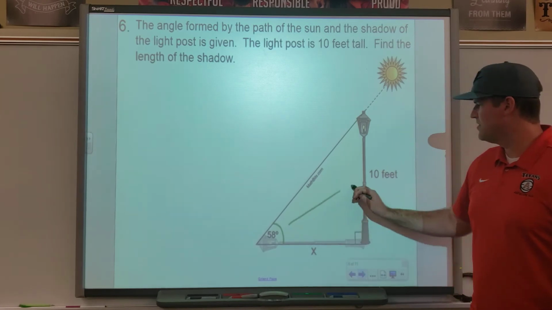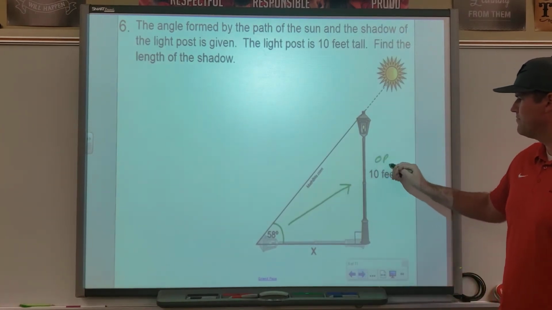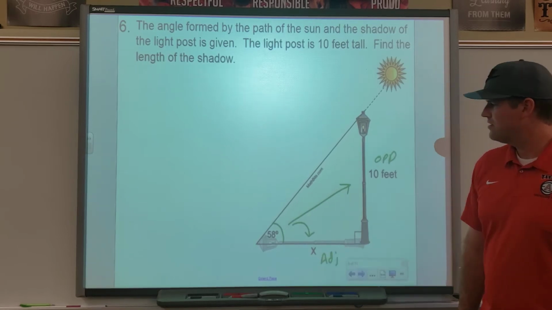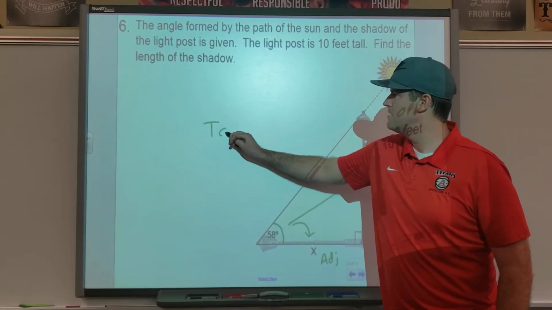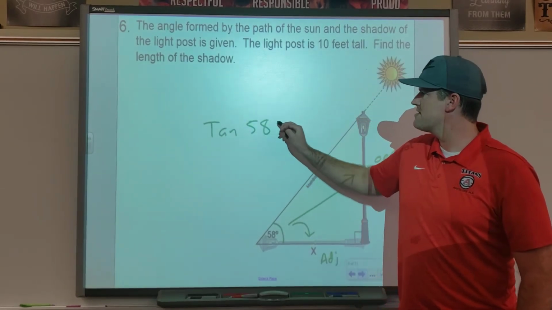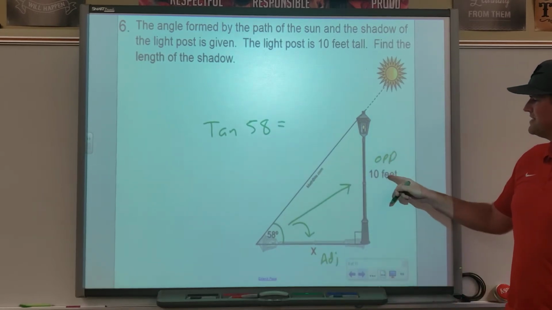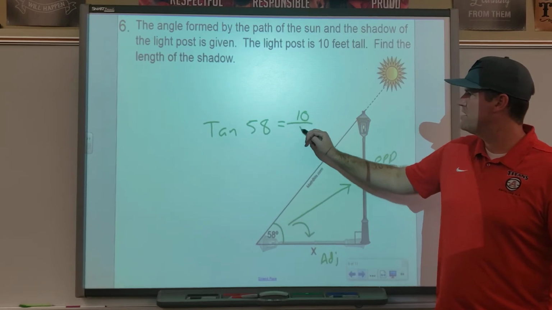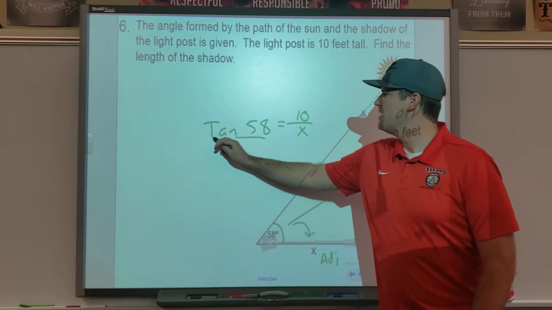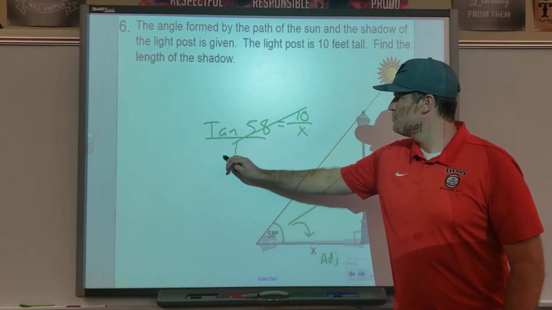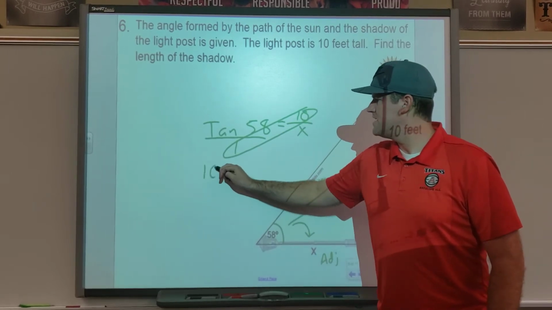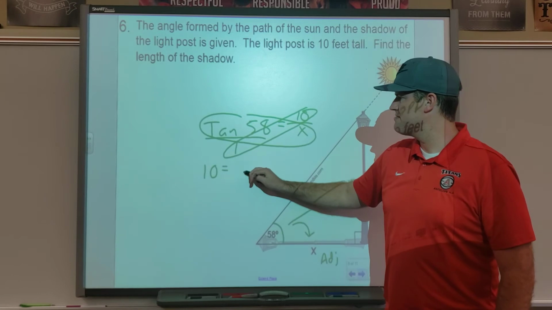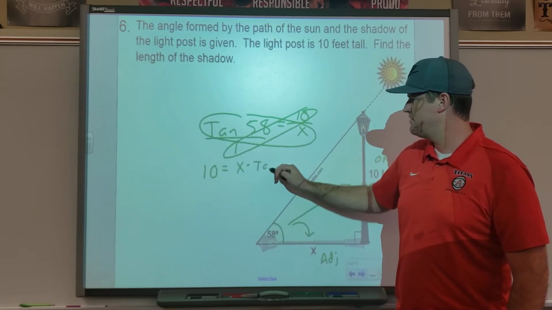That's right, we know that 10 is the opposite. We know that x is the adjacent. So we're going to do tan of 58 degrees equals 10 over x, opposite over adjacent. And then to solve it, we'll go ahead and cross multiply. 10 equals tan 58 times x, or x times tan 58.